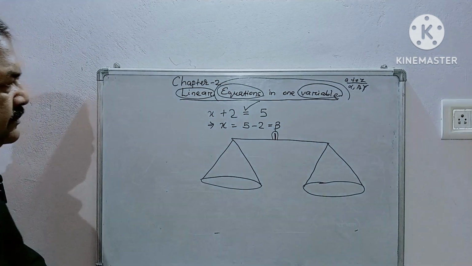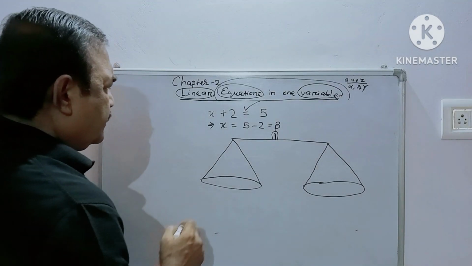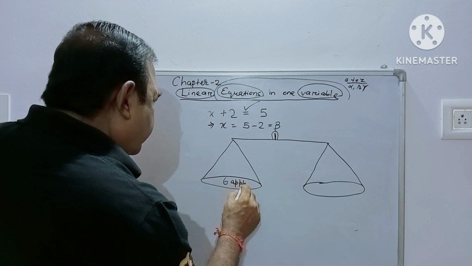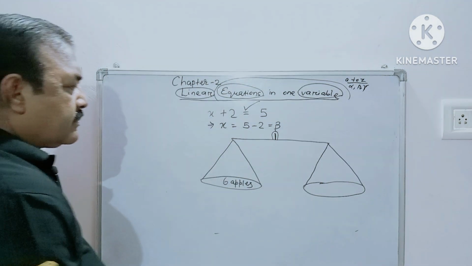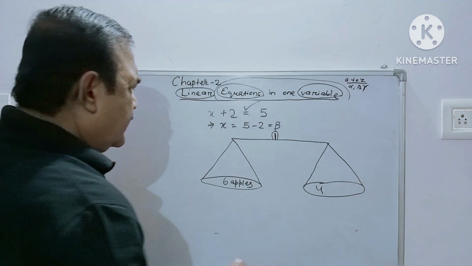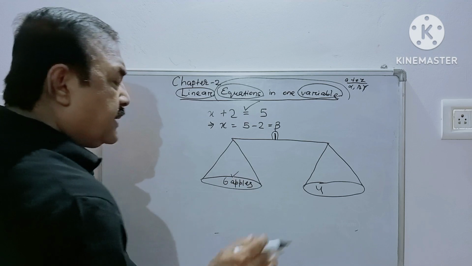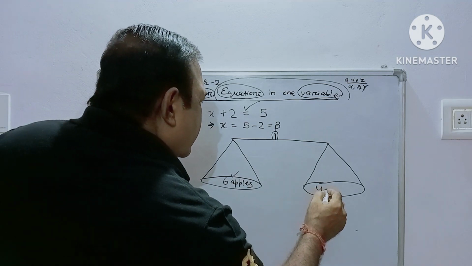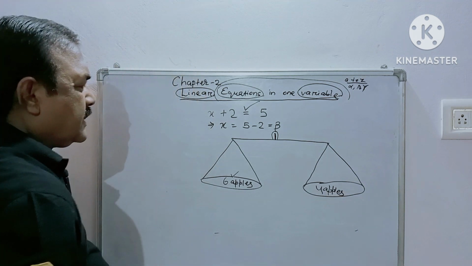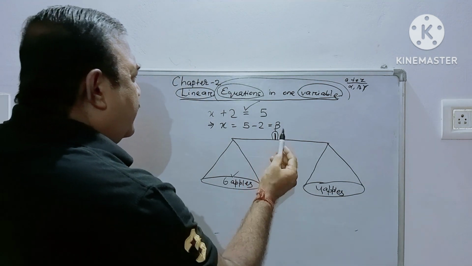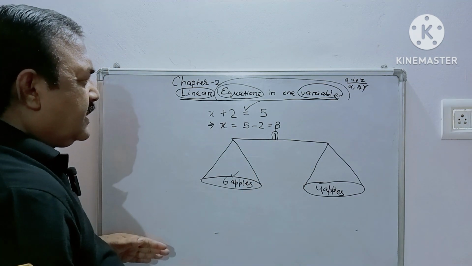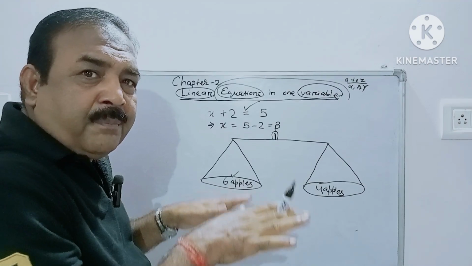Suppose here I had 6 apples, I keep here of same size. So with same size, I have some apples in a basket. I kept here 6 apples of same size. And here, 4 apples. So it will not be balanced, it will be like this. So it is not balanced, so it is not in an equilibrium pattern.